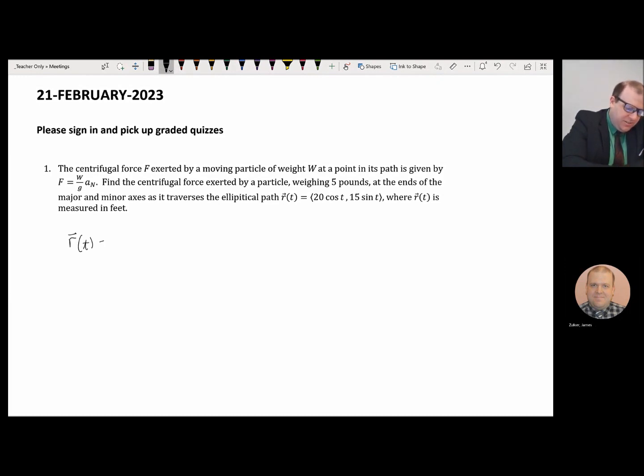I'm going to rewrite r. We're going to need velocity. We're going to need acceleration. Now, again, velocity is just the rate of change of position. Acceleration is the rate of change of velocity.